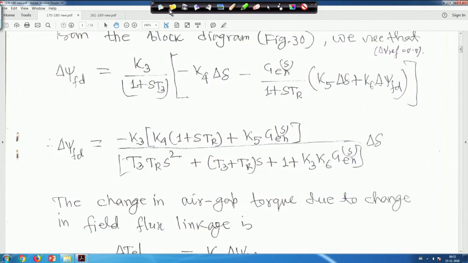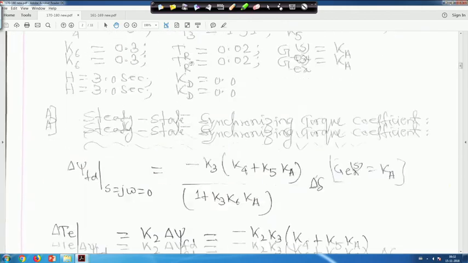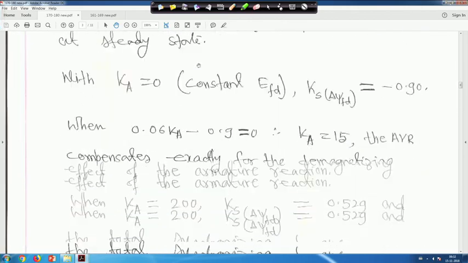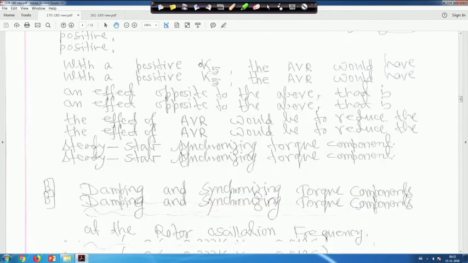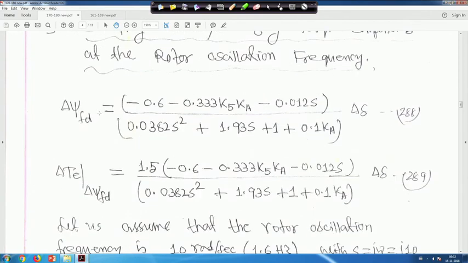If you do so, your function will look like this. Then delta psi FD will become minus 0.6 minus 0.333 K5 Ka, because Gx(s) is equal to Ka, minus 0.012 S divided by 0.0382 S square plus 1.93 S plus 1 plus 0.1 K delta. This is equation 288.